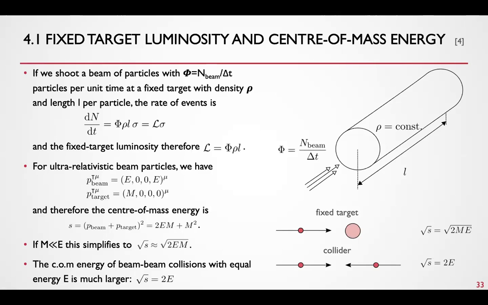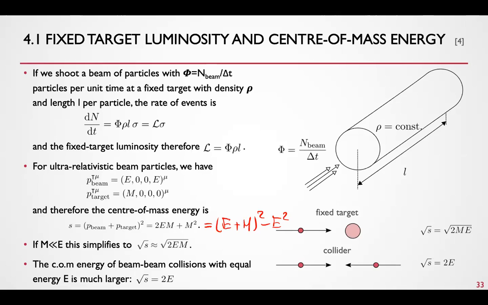So if we do that, we have the beam particle four-momentum and the target four-momentum. And this is E plus m squared minus E squared.